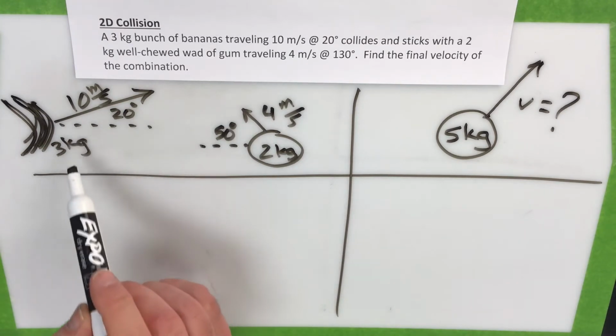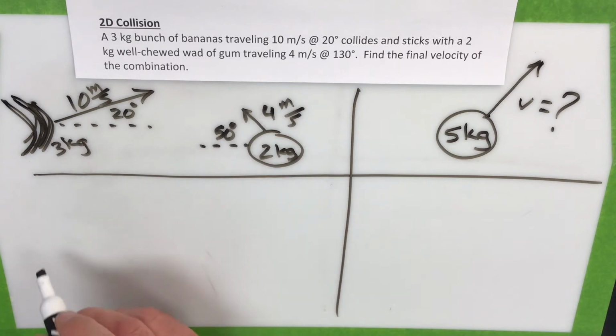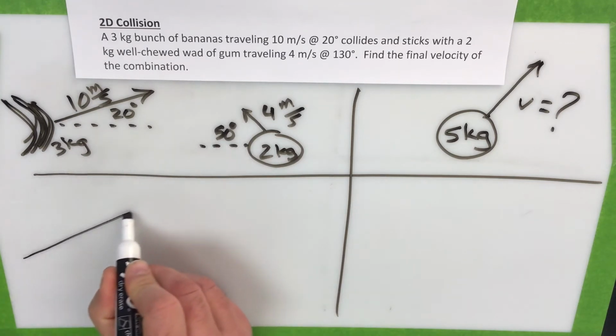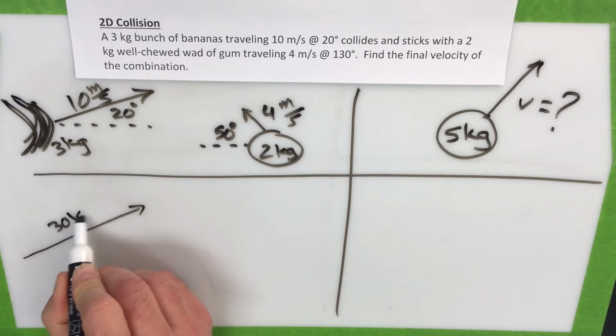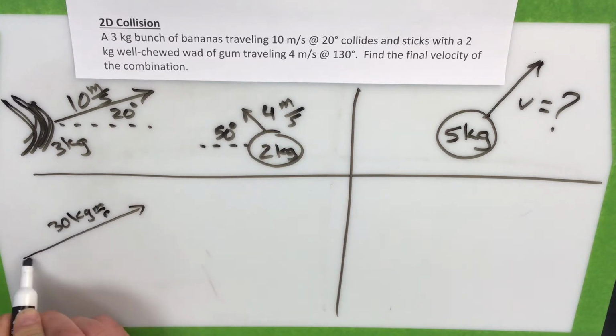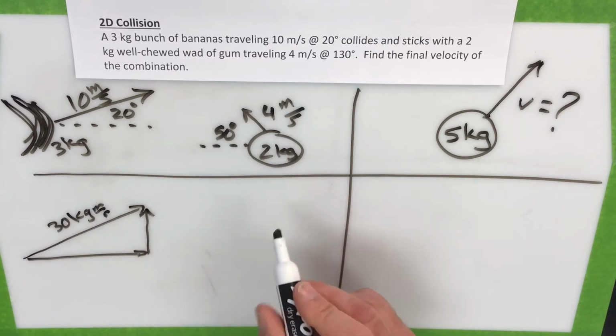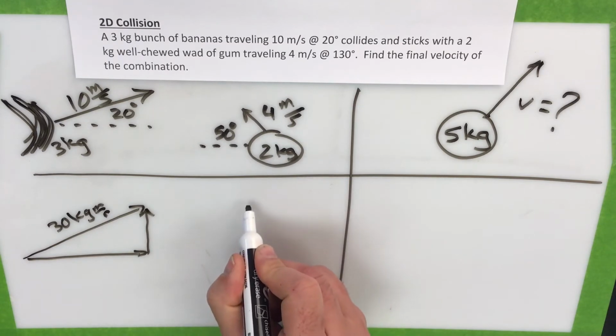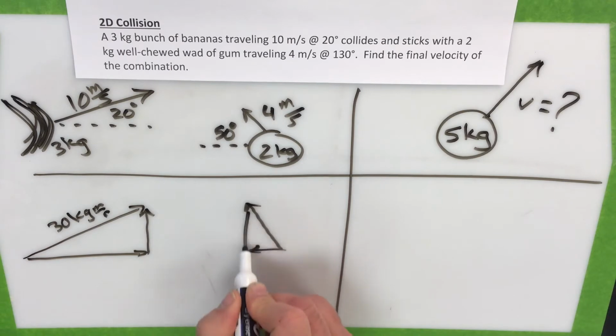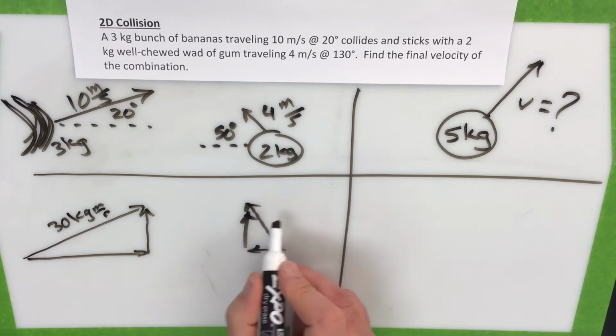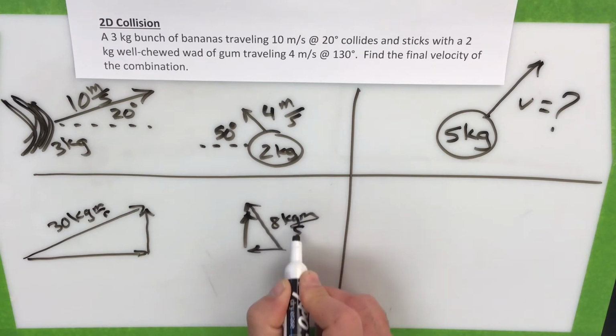So 10 meters per second, 3 kilograms, that is 30 kilogram meters per second. I have an x component, I have a y component. And 2 times 4 is 8 and 50 degrees. So this is much shorter. This is the x component, this is the y component, and this is 4 times 2 is 8 kilogram meters per second.